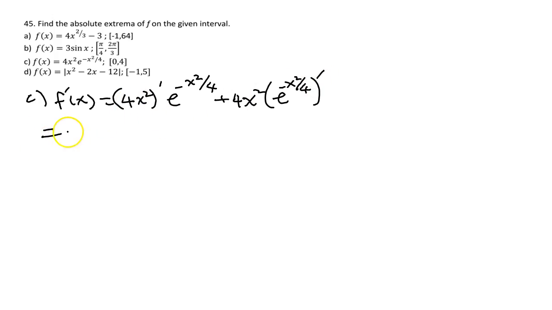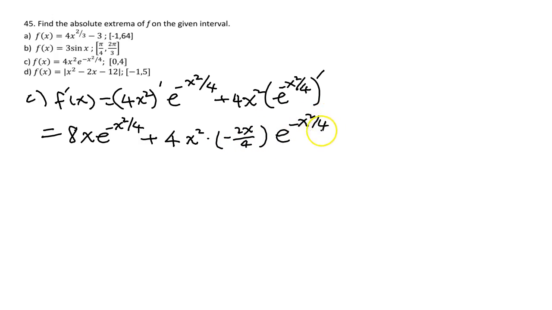Okay, 4x squared differentiates to 8x. And for this one you need to use the chain rule because negative x squared over 4 is nested inside. So the derivative of this function comes outside, which is negative 2x over 4, and e to the negative x squared over 4.